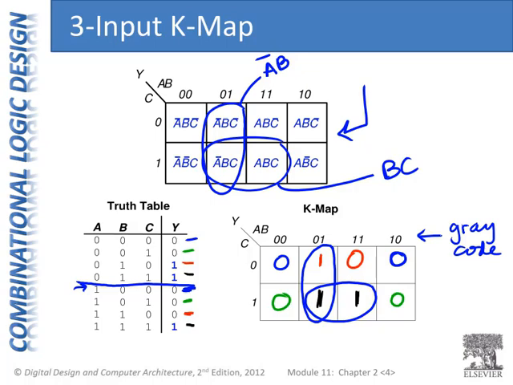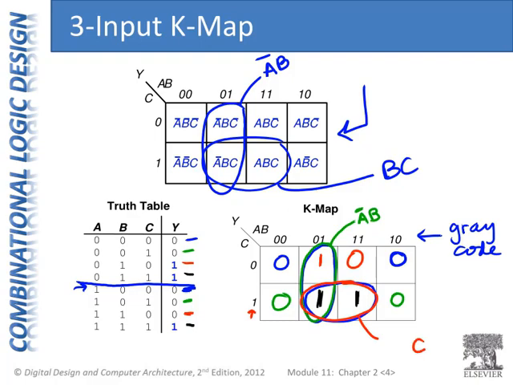Now going directly from my K-map, I can see that this vertical circle covers just the 0 form of A, so A bar, and the true form of B, so A bar B. But it covers both forms of C, so C is not in that implicant, in that product term. In this horizontal circle across these two ones, that one has just the true form of C, so this is going to have a C in it.